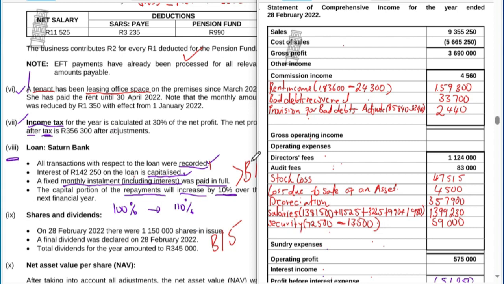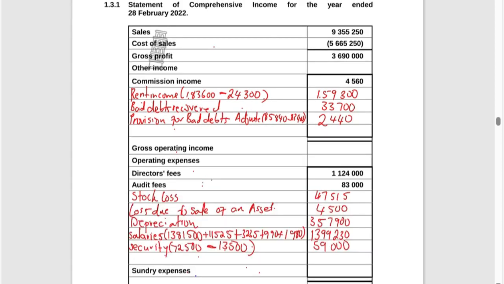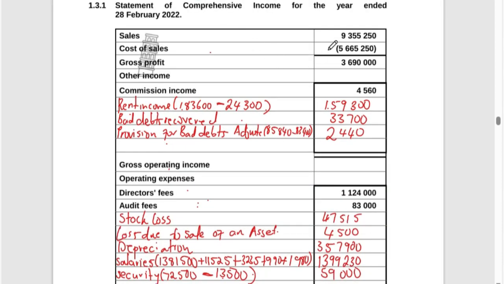Make sure that you have your calculator. Sales subtract cost of sales equals gross profit. Let me do this so that we close off everything. Then we have other incomes, such as commission income, which is 4,560.